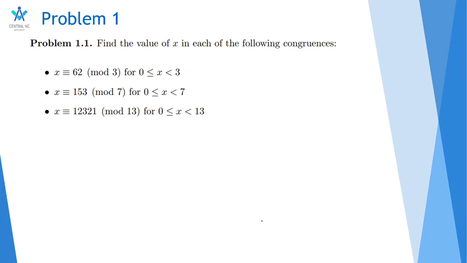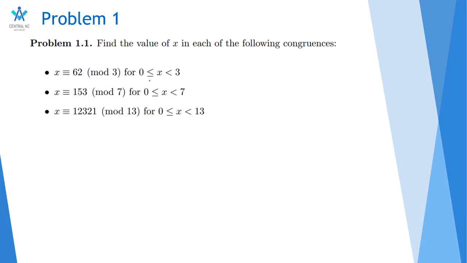All right, problem 1.1. Find the value of x in each of the following congruences. So we want to find a value of x such that 0 is less than or equal to x is less than 3. And what is 62 congruent to modulo 3? And this all comes back from the first part I was explaining in the lecture.